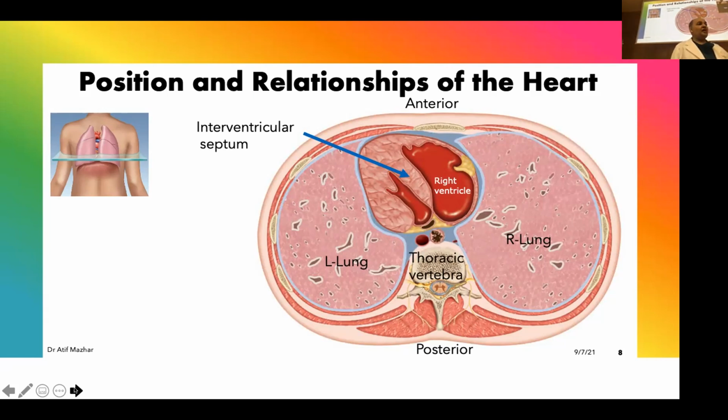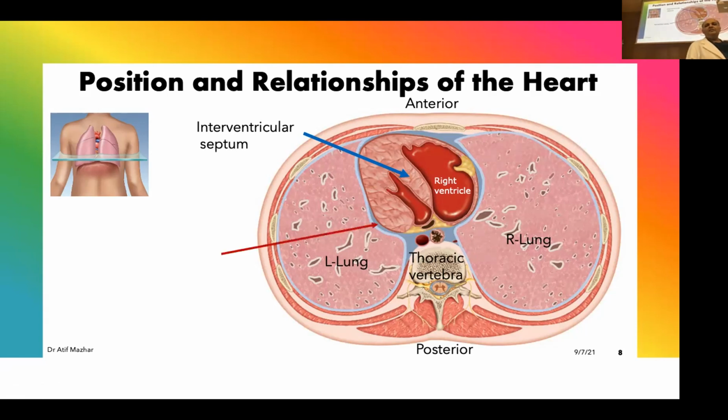The one which is very muscular is working for the whole body. And the one with lower muscularity is good for pushing the blood towards the lung, because the journey is short. If I have to push the blood to the whole body at each capillary level, I need a very strong pump. So you can see that the left ventricle, look at the musculature, is very thick as compared to the right ventricle, which is very scanty, very thin. Are we good so far?